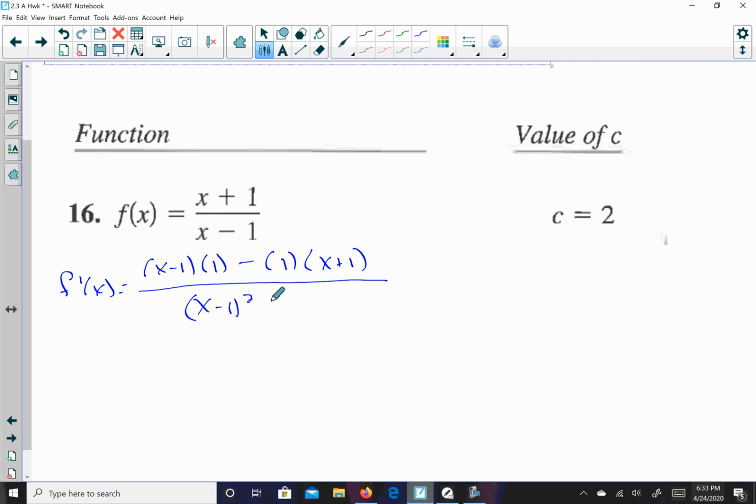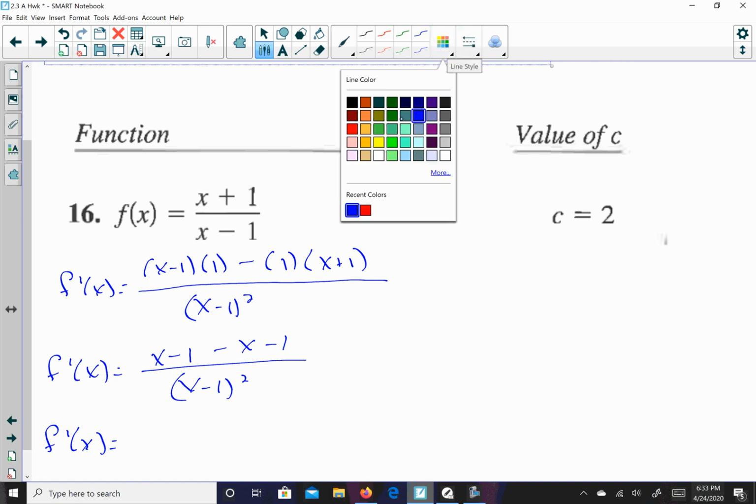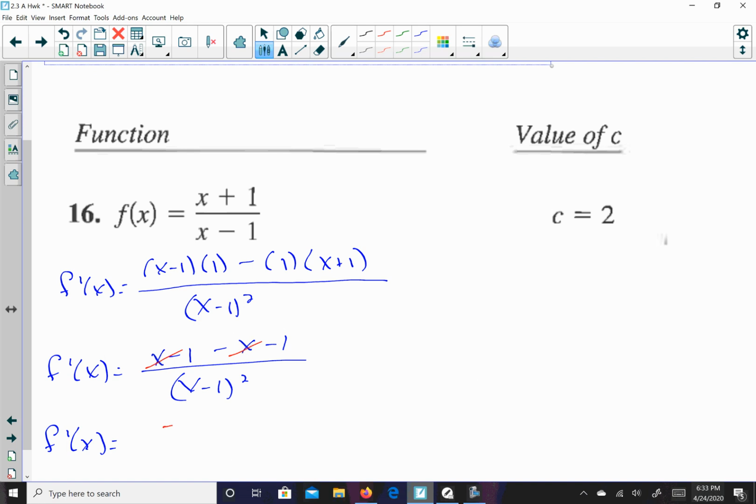So when I do that, when I distribute my negative sign, because I'm distributing negative 1, this will be x minus 1, when I distribute that 1, minus x minus 1, all over x minus 1 squared. Here, these two simplify, well, equal 0. These two are equal to 0, so I'm left with negative 2 over x minus 1, that quantity squared.